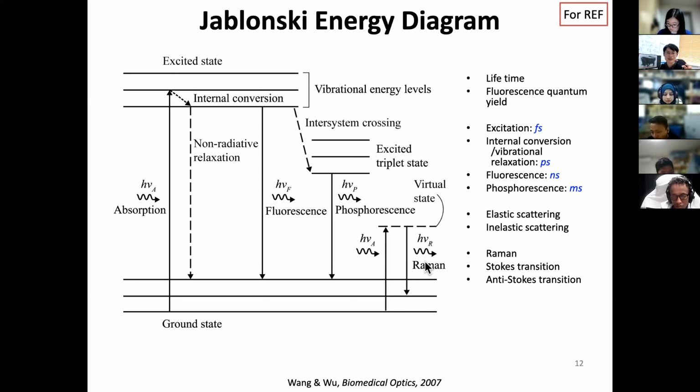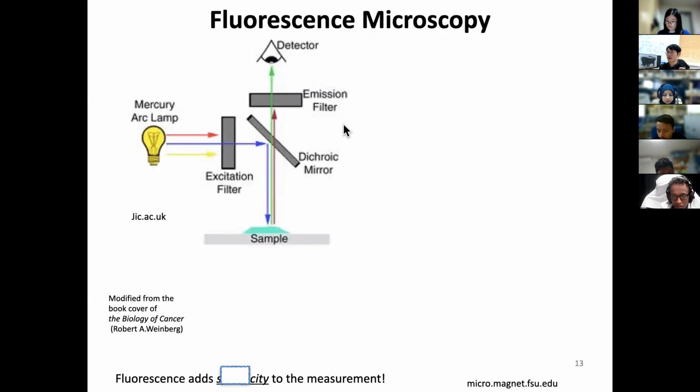So Raman is called chemical imaging. On the other hand, the excitation takes only femtoseconds, internal conversion and vibrational relaxation take picoseconds, and fluorescence is nanoseconds. So that's the lifetime, and that's for your reference.